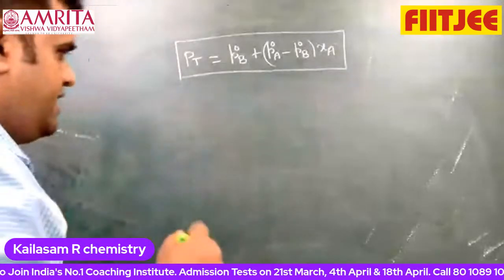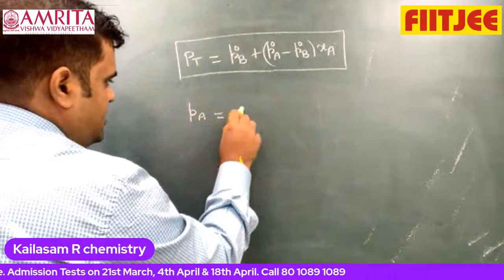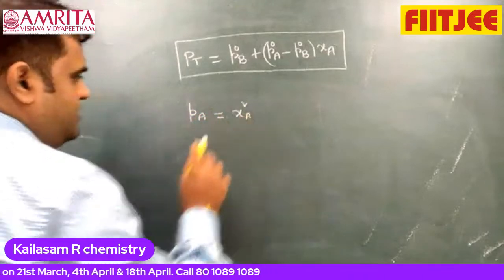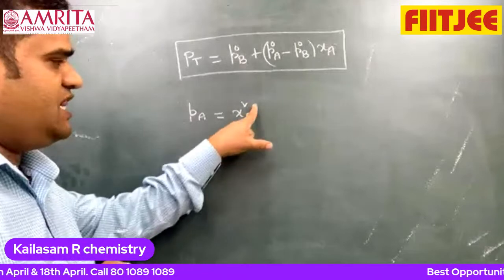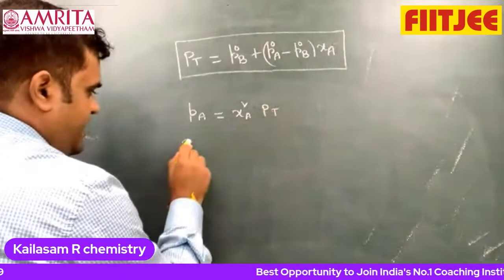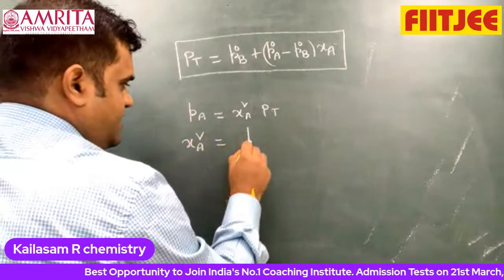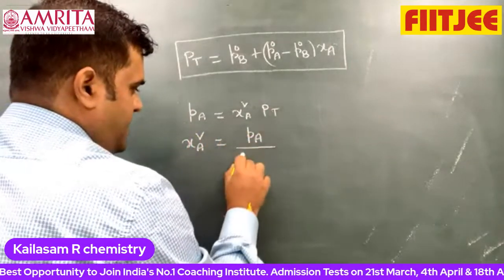What Dalton's law says is PA is equal to XAV, the mole fraction of A in the vapor phase, into PT. Now XAV is equal to PA by PT.